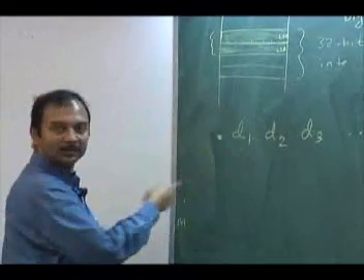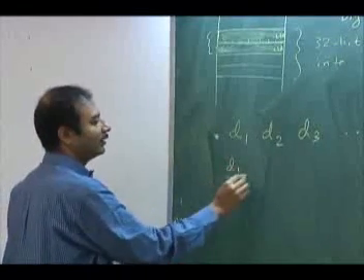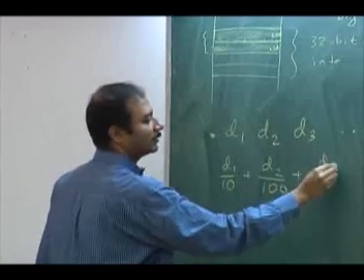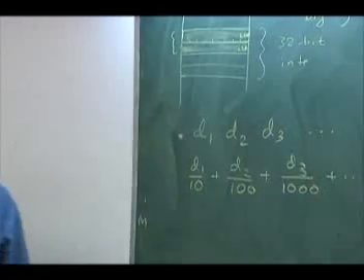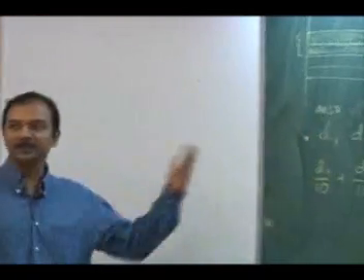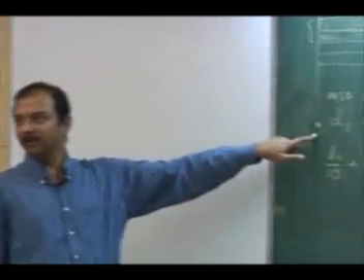And the value is 0 point, so it's d1 over 10 plus d2 over 100 plus d3 over 1000 and so on. This is still the most significant digit, and significance decreases as you go to the right, same as before. We have just taken an implicit decimal point in front of all the digits.